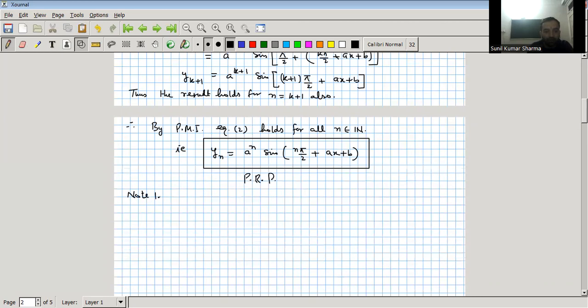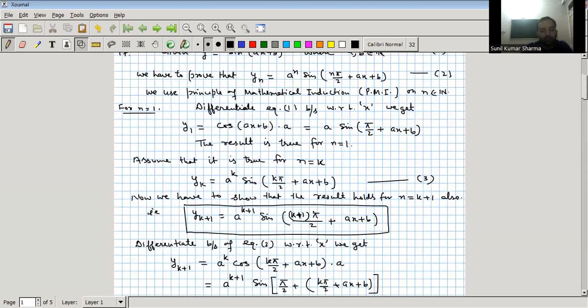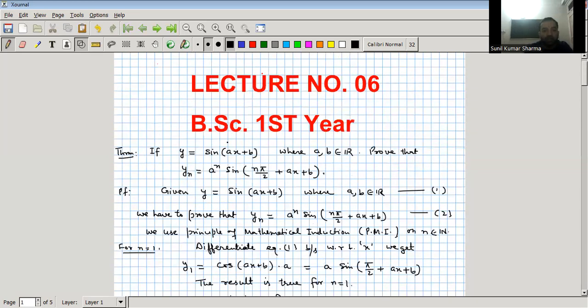Note, if y is equal to sin x, then the nth derivative of y is, now you can observe here y is equal to sin ax plus b, where a and b are any real numbers. If we take b to be 0 and a to be 1, we get y equal to sin x.